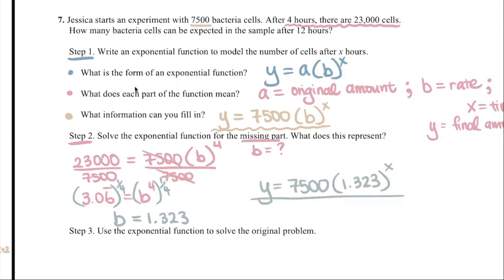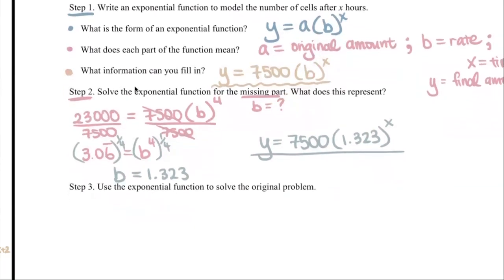All right, let me take a pause, see if there's any questions up to this point. Did I lose anybody? Okay, all right then. And what does this represent? This represents the rate of growth. Now, does anybody know why I know it's growth as opposed to decay?